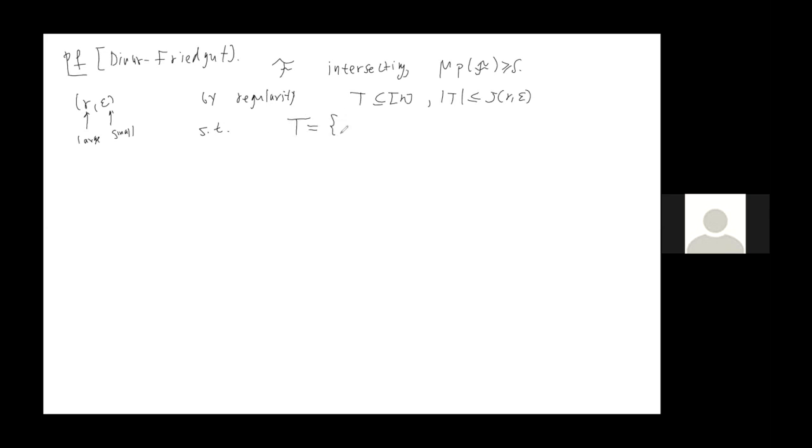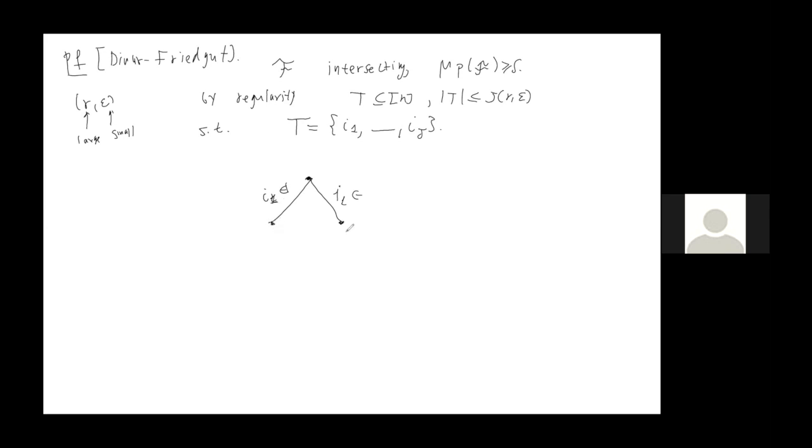Let's write T to be I1 to Ij, and I want to draw the tree of restrictions. I have some node, and then I split according to whether I choose I1 to be inside or not.